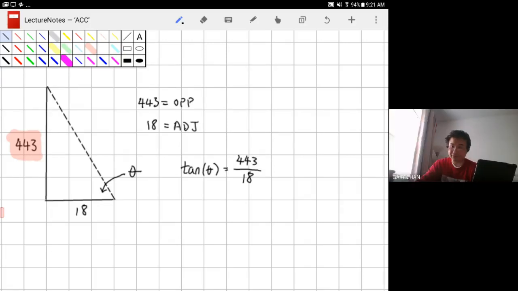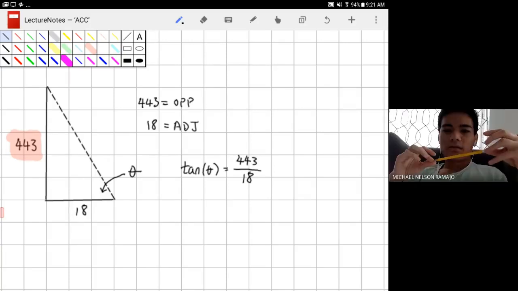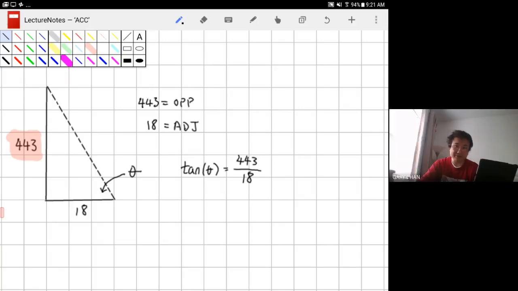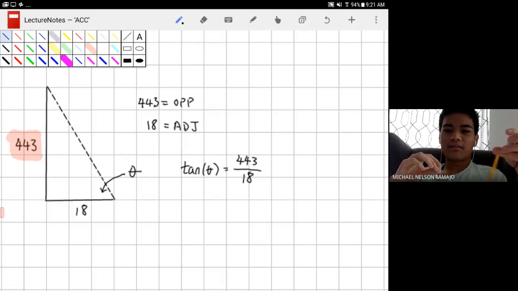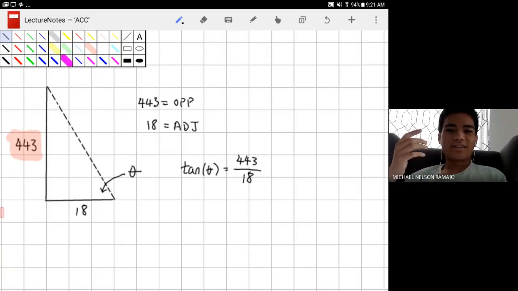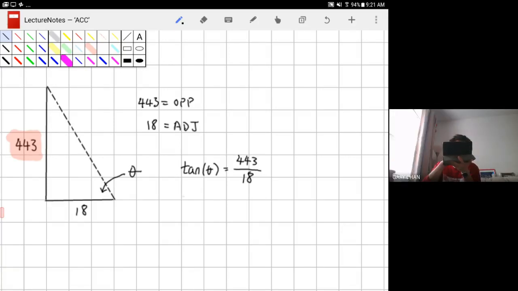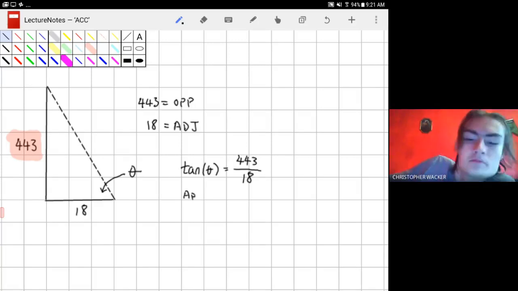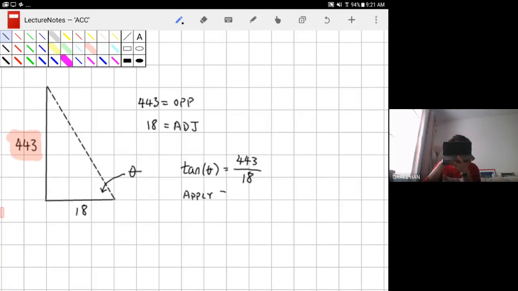The word I'm fishing for starts with the letter I. Inverse. That's right. We're going to apply the inverse tangent.